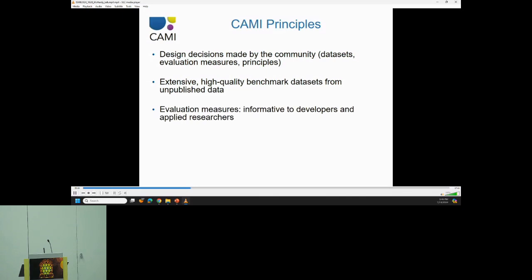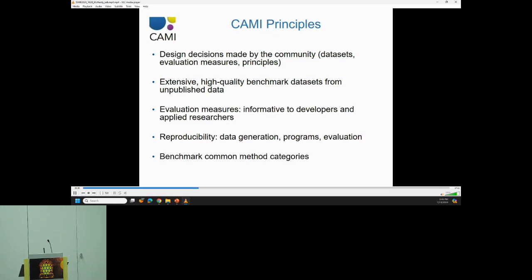The evaluation measures should be informative to developers and applied researchers, and also very important is that everything should be as reproducible as possible, so that if we do identify methods and settings that perform particularly well for certain research questions, we can reproduce and make use of them.